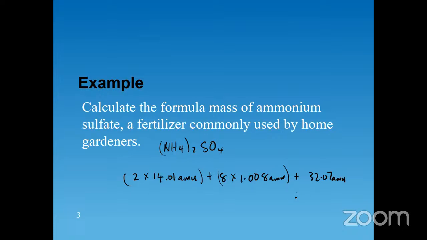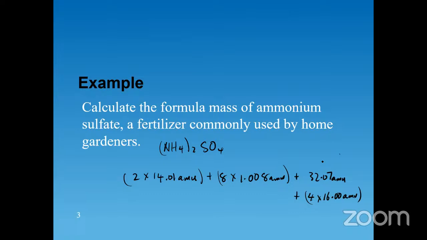And then we're going to add to that 4 times the molar mass of oxygen, which is 16.00 AMU. And that's it. So let me get my calculator to work this out. 2 times 14.01.